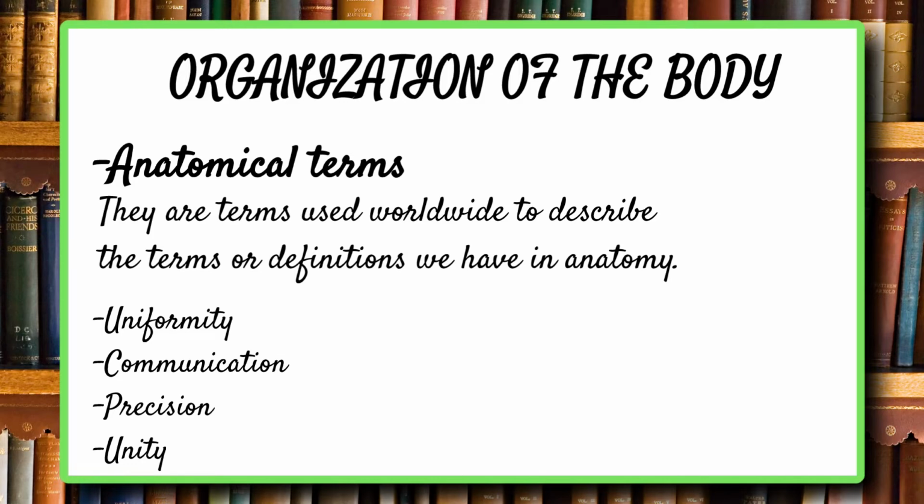You can simply put anatomical terms as terminologies. They are used to ensure that everybody is saying the same thing, in all our discussions of anatomy. That is anatomical terms.